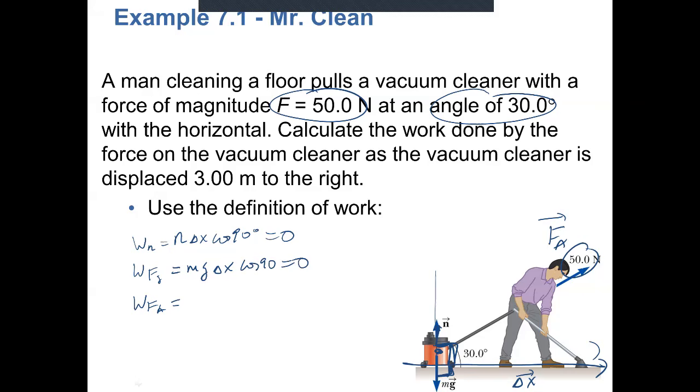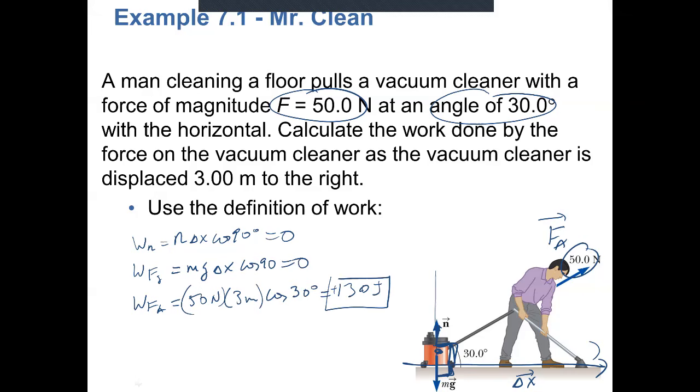How about the applied force? It has a magnitude of 50 newtons, there's a displacement of 3 meters, and there's a cosine of 30 degrees. I plug in everything, and I calculate a positive 130 joules. What does it mean?